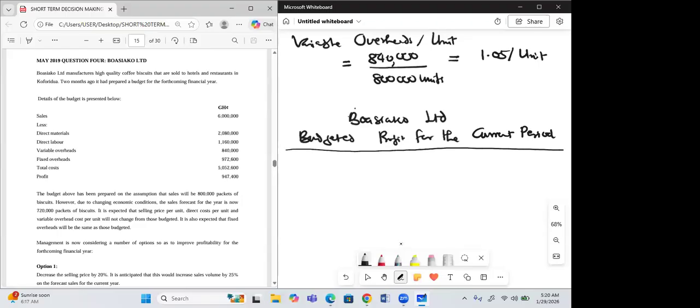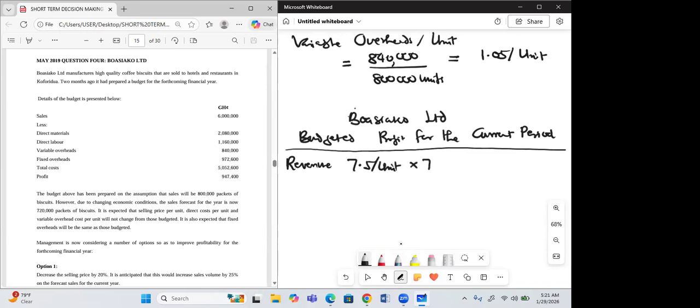The revenue. Very bad network. So what's the selling price now? 7.5 by 720,000, giving you what?